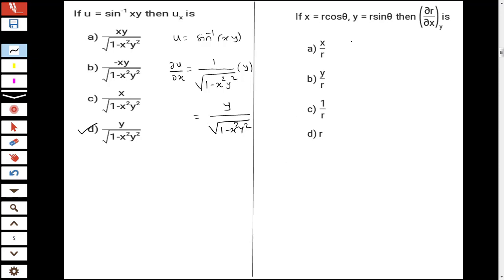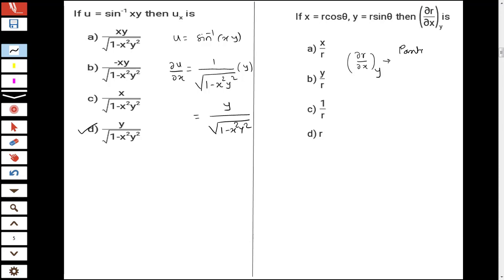In this example, this is the concept of the variable to be treated as constant. Now here, when you come across a suffix outside the bracket, that means what? That variable you have to treat as a constant. Means the meaning of this dabba r by dabba x, outside there is a y. It means what?